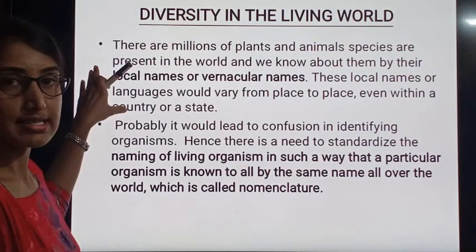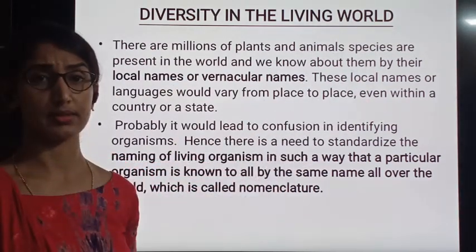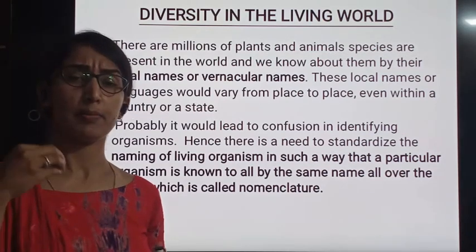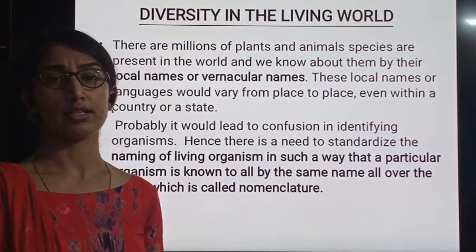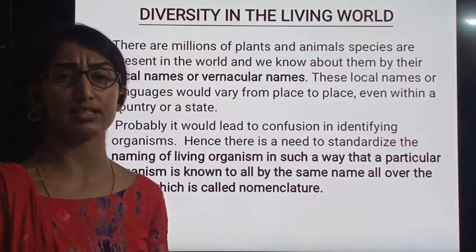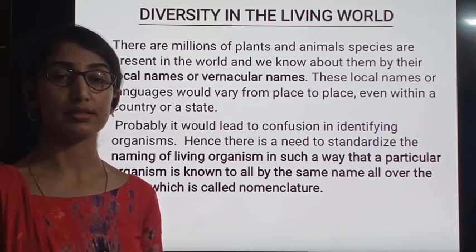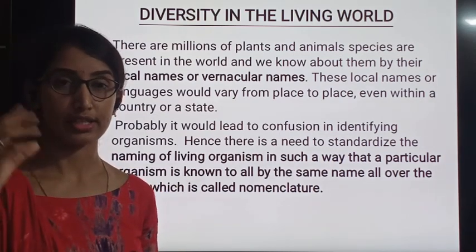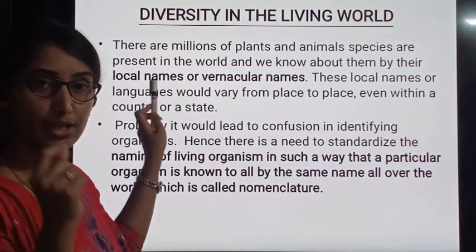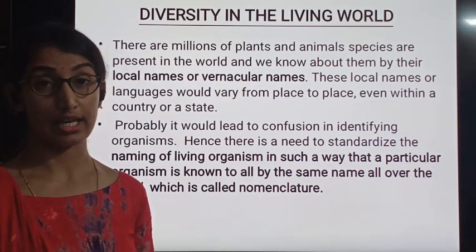Here the lines are very clear. Among the millions of plants and animals, the different species and genera we find are all called by different names. That is what we call local names. The local names of organisms are also called vernacular names.